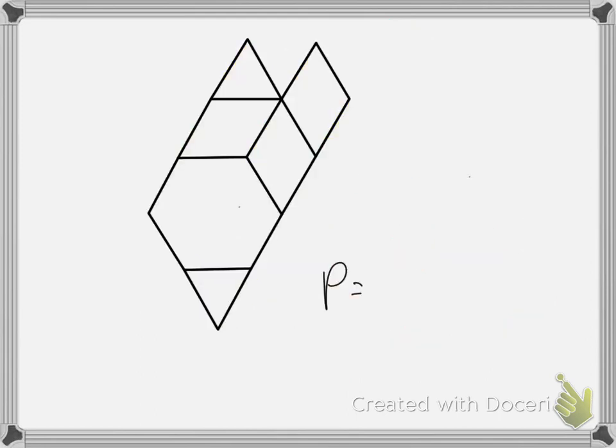Okay, so let's find the perimeter of this shape. So if I know that each of the sides of my pattern blocks equals 1 inch, there's 3 of them, so that would be 3 inches. There'd be 1 here, so that's 1 inch, 1 inch, 1 inch. Then I have 1, 2, 3, 4 sides, so that'd be 4 inches.